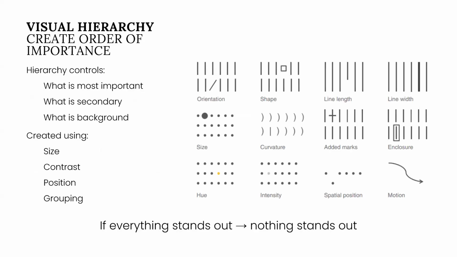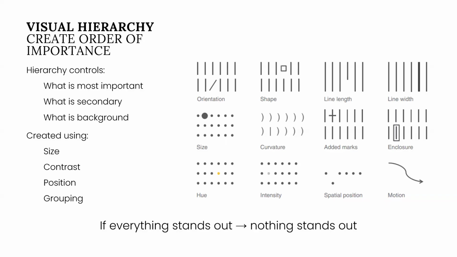Visual hierarchy is the structured ordering of importance within a visual space. It determines the sequence in which information is perceived. Without hierarchy, everything competes equally for attention, forcing the viewer to search for meaning. With hierarchy, meaning is organized and interpretation becomes intuitive.